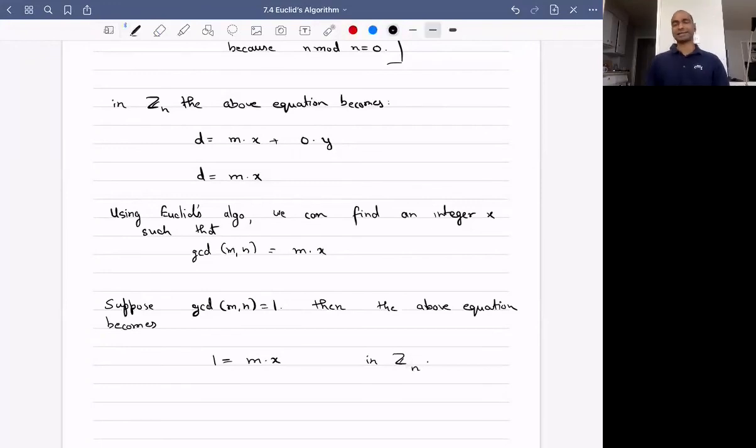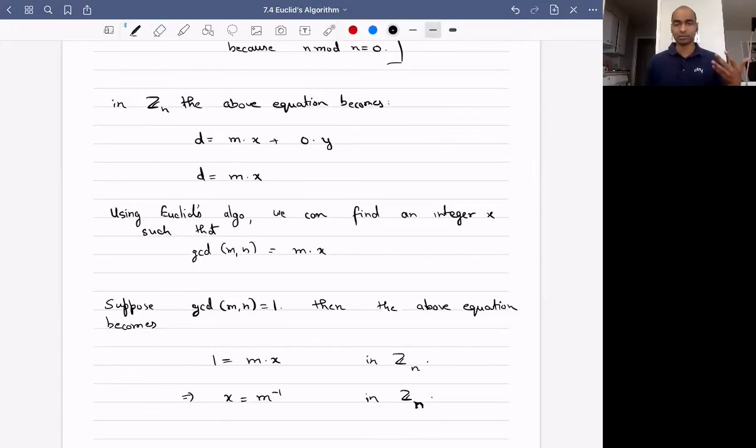So what we are saying is that if I give you two numbers m and n such that their GCD is 1, then I can use Euclid's algorithm to find an x such that m times x is 1 in Z mod n. But what is this saying? This is simply saying that x is equal to m inverse. And so I can use Euclid's algorithm to find the multiplicative inverse of m in Z mod n.